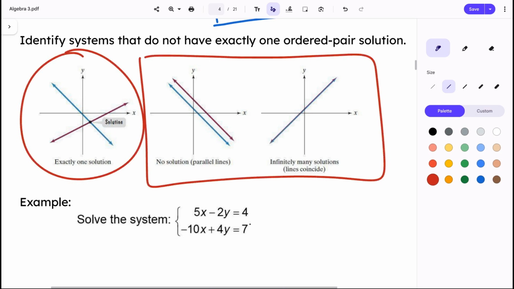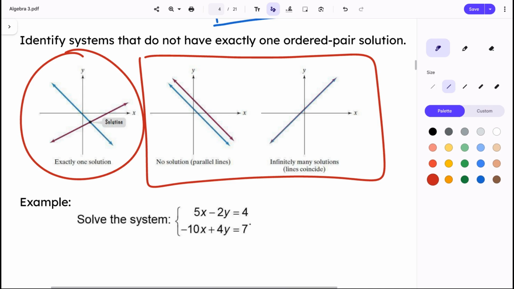This one is what we've been working with. The one that I circled is the kind that we've been solving for when practicing substitution and elimination. But the second two pictures show cases that are a little more obscure. You're not going to run into them a ton, but you do see them every once in a while. Parallel lines would be two different equations that have the same slope.